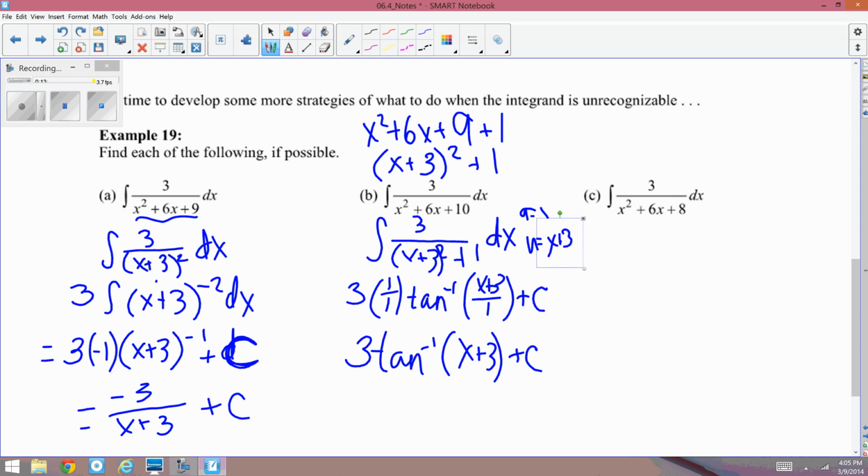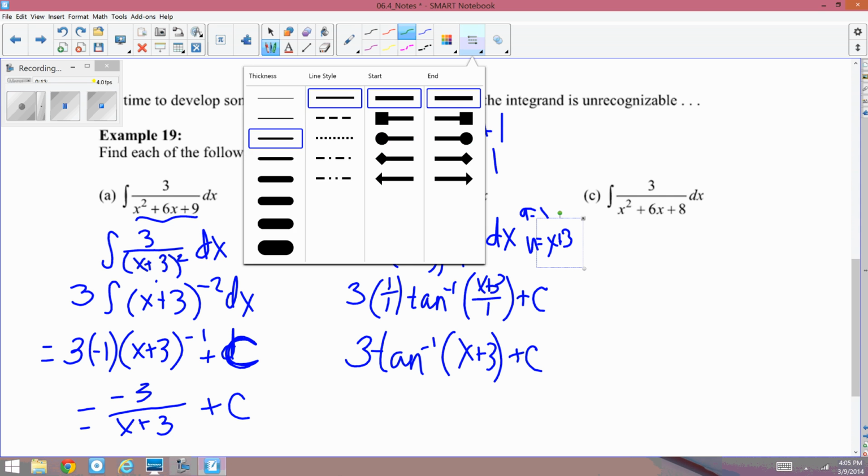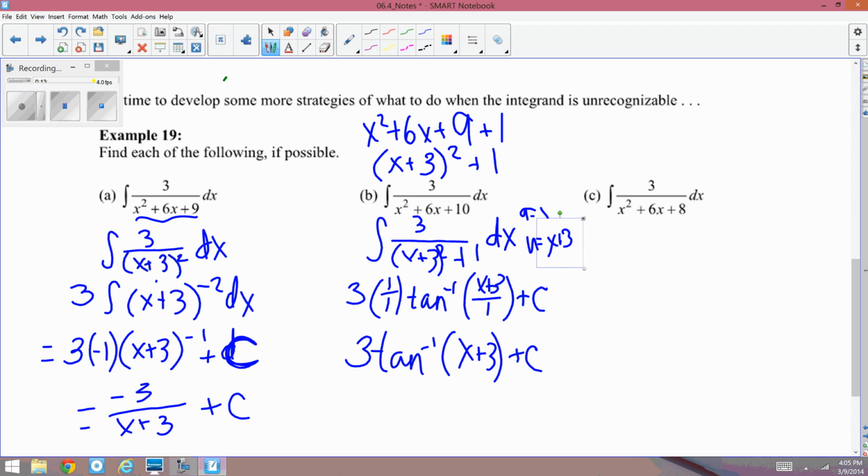Now, if you didn't recognize this, you can use something that we did in pre-calc. Maybe you did it before, called completing the square. All right, so we have this. We're going to have x squared plus 6x plus something else. So you take half of this constant, divide by 2, so 6 divided by 2 is 3, then square it. So you add 9, and so then you also have to add negative 9 to cancel that out. So for example, we're going to take this x squared plus 6x.